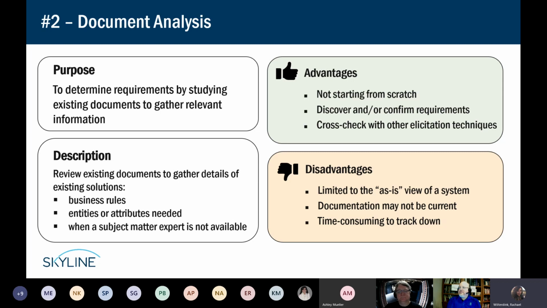You might be able to use these to cross-check the requirements that you got using other techniques, and make sure that there are no conflicts. But yeah, so you're looking for all these kinds of things, the rules, the entities or attributes, so you can start to build out your data models.